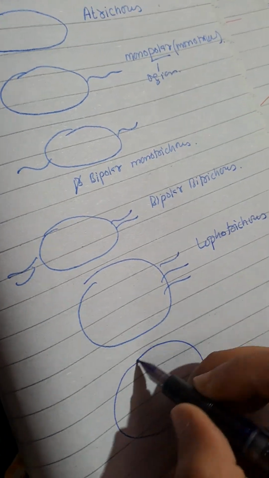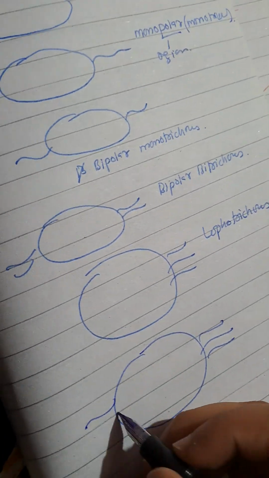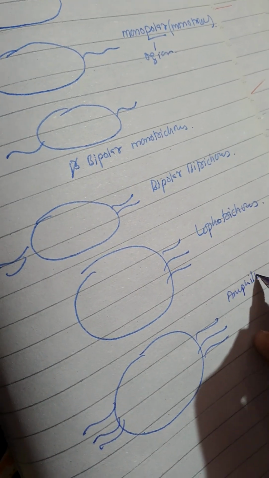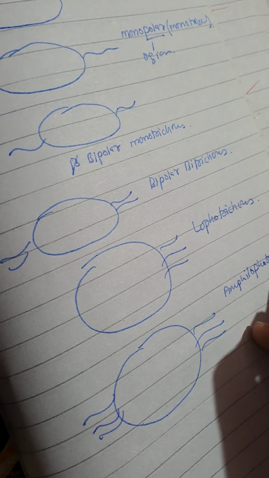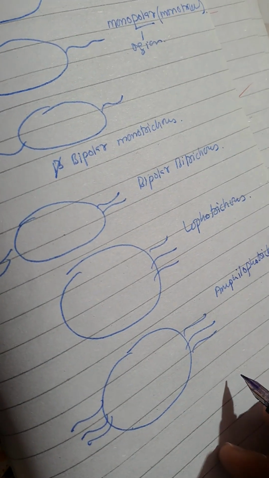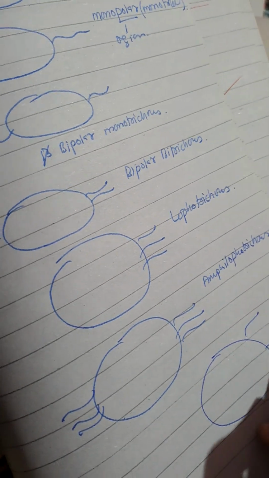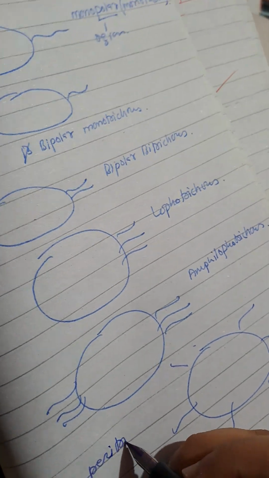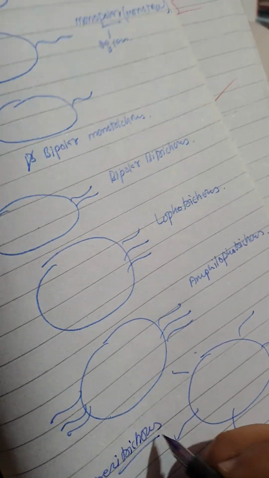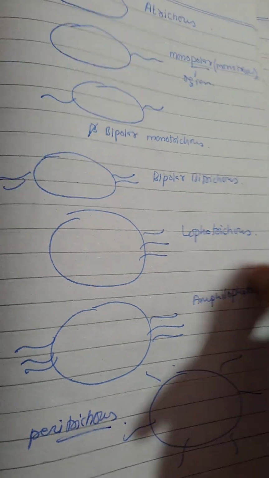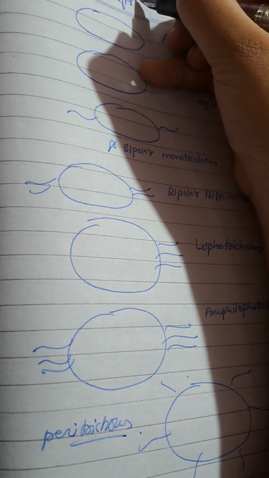And if it's like this, with many from here and many here, it is known as amphilophotrichous. If it is from everywhere, it is known as peritrichous.